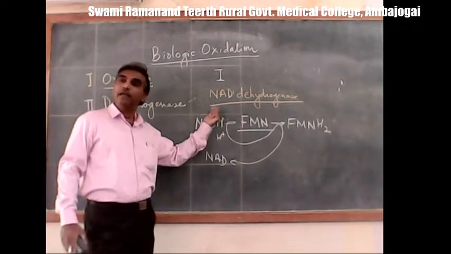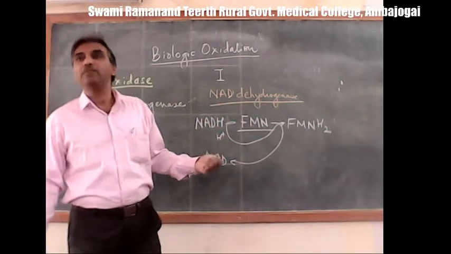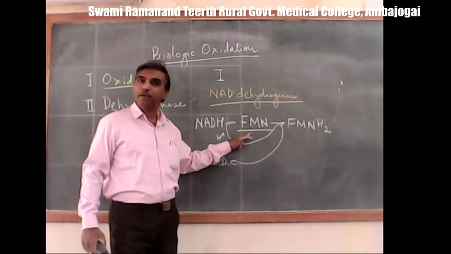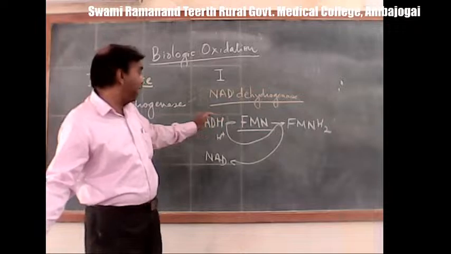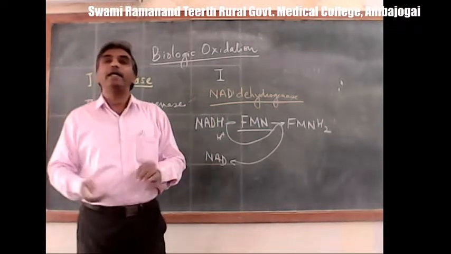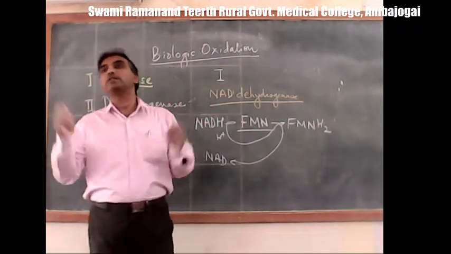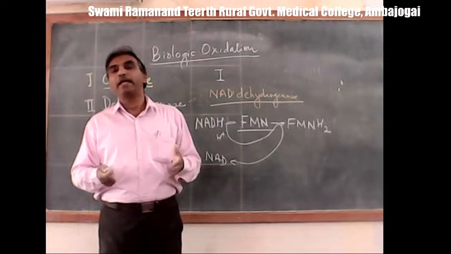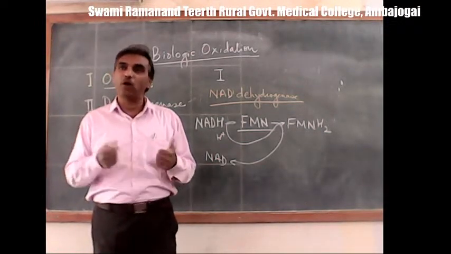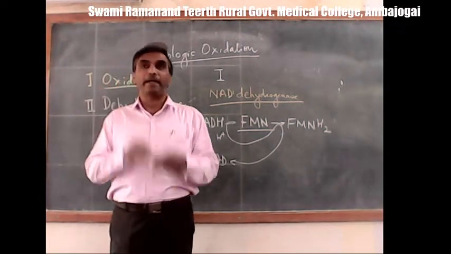So we have seen enzymes which are dependent on NAD, and enzymes which are dependent on FAD. Now what is the role of all these dehydrogenases? They directly collect the reducing equivalents from the substrate, like from glycolysis, from the TCA cycle, from the breakdown of fatty acid in the form of beta oxidation. All these reactions occur inside the mitochondria, in the mitochondrial matrix.